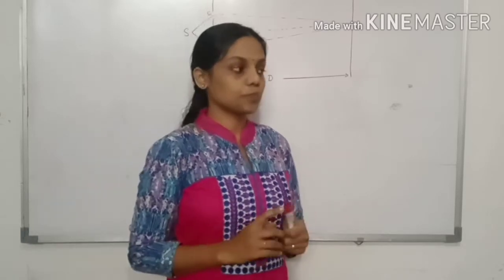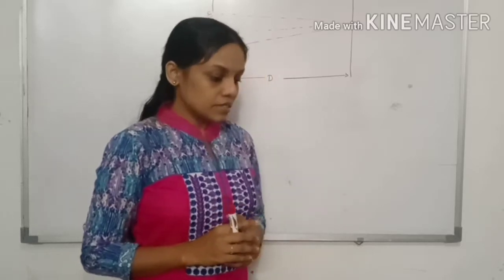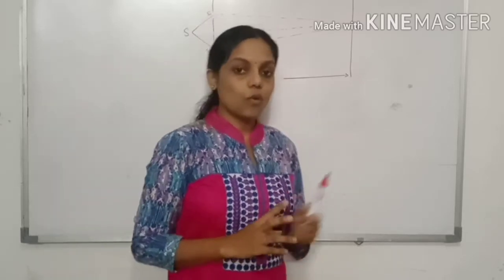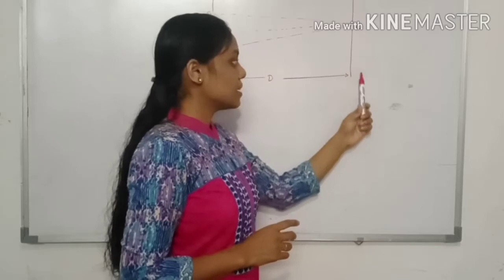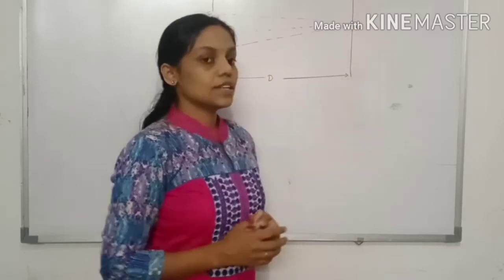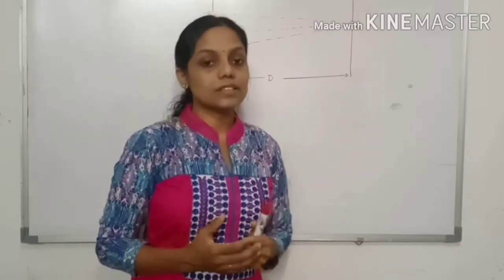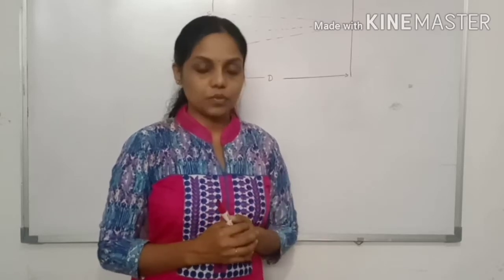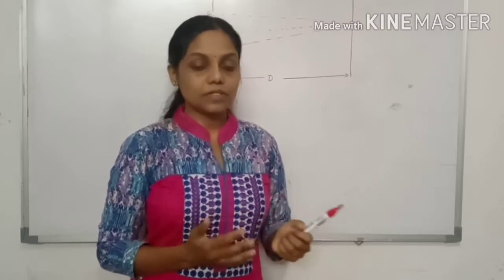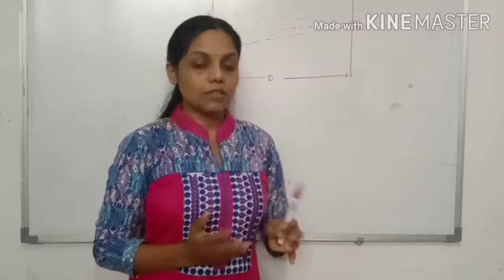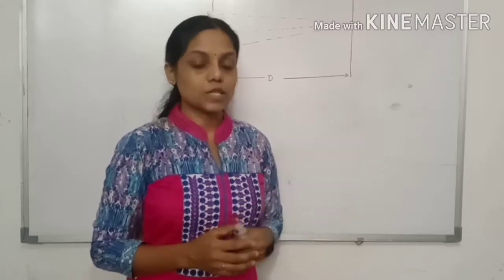And on either side of O, you will get interference fringes according to the path difference between the waves emanating from S1 and S2.